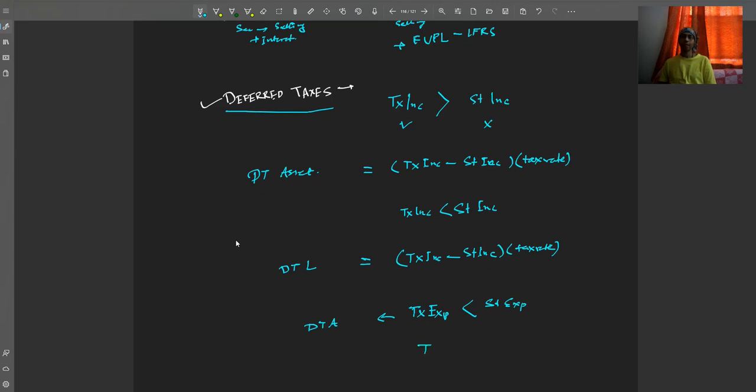And the reverse is also true. If the expenses used for taxable reasons are greater than those used in the statement, then a deferred tax liability will be created. Now in subsequent terms, when these expenses are balanced, these are basically temporary differences, right? Temporary timing differences.